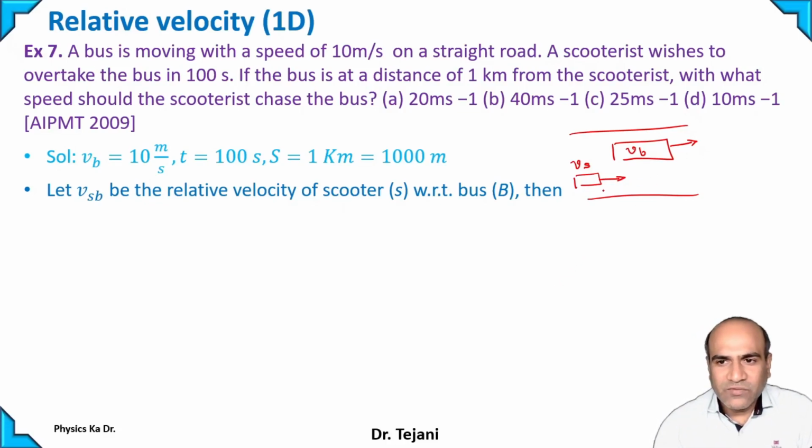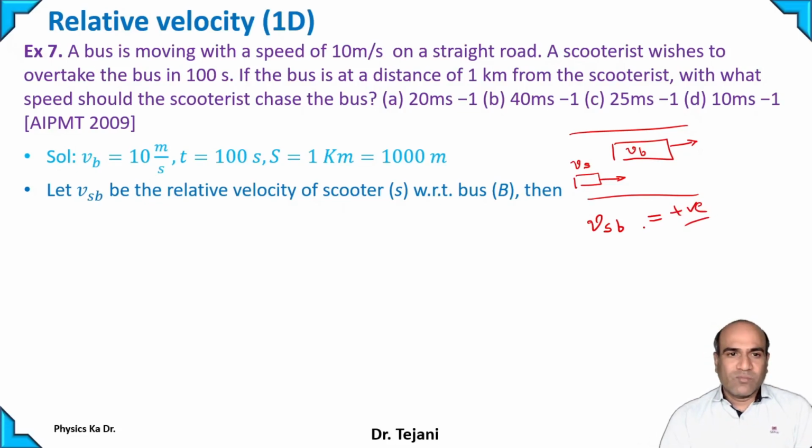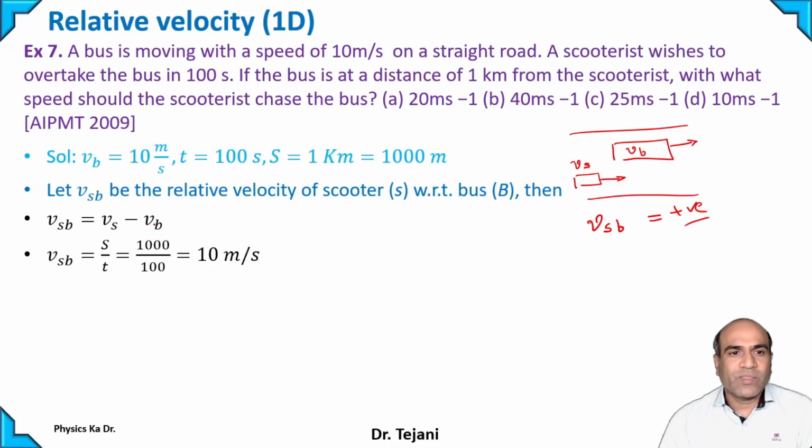So here we need velocity of scooterist compared to velocity of bus, and that should be positive, then only he can move. So we know that VSB is equal to VS minus VB. We have the value of VB, the bus velocity, but we don't have the scooter's velocity. So we need to find this value. VS we don't have. VB we have.